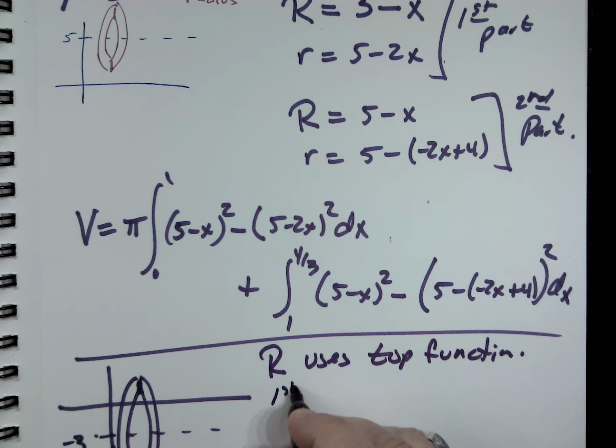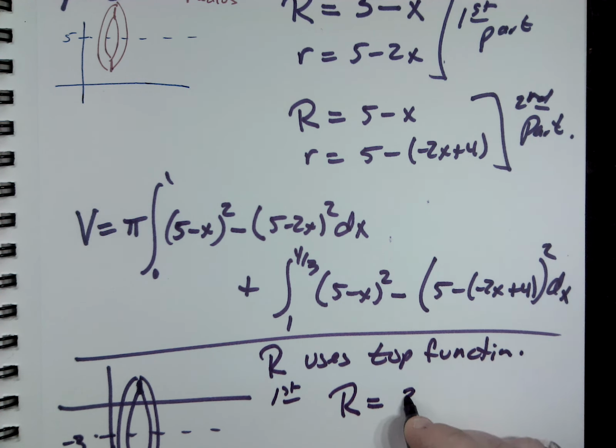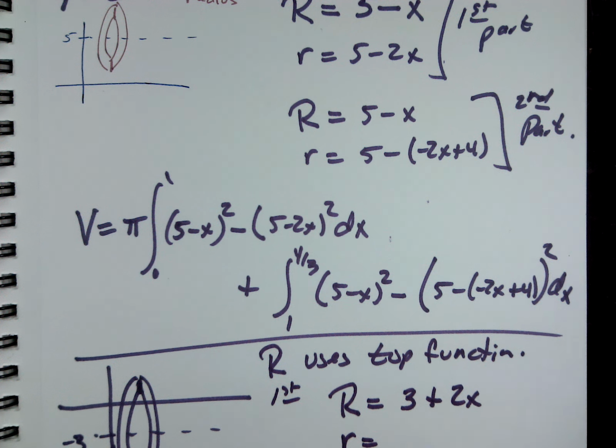So in the first part, my big R is going to be 3 plus the top function, which was 2x. And my little radius will be 3 plus that bottom, which is x. And in the second part, my big radius is still going to be 3 plus 2x, but now the little radius is 3 plus the negative 2x plus 4. And I'll just replace these in the appropriate spots up there.